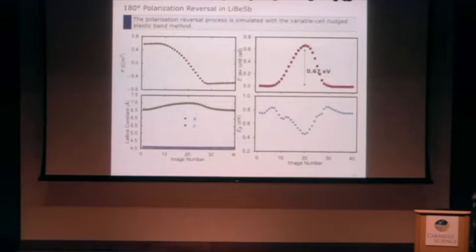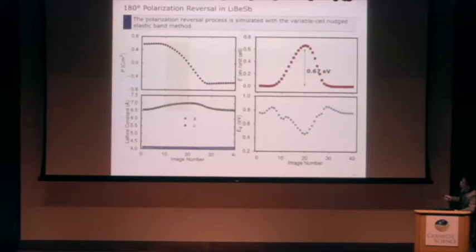We further look at the polarization reversal process in this compound with the variable cell nudged elastic band method. What I show here is the polarization reversal, the switching barrier, for the zero field case. The barrier is high, as we would expect from the very high barrier in the double well potential. And through the switching, the structure remains insulating.